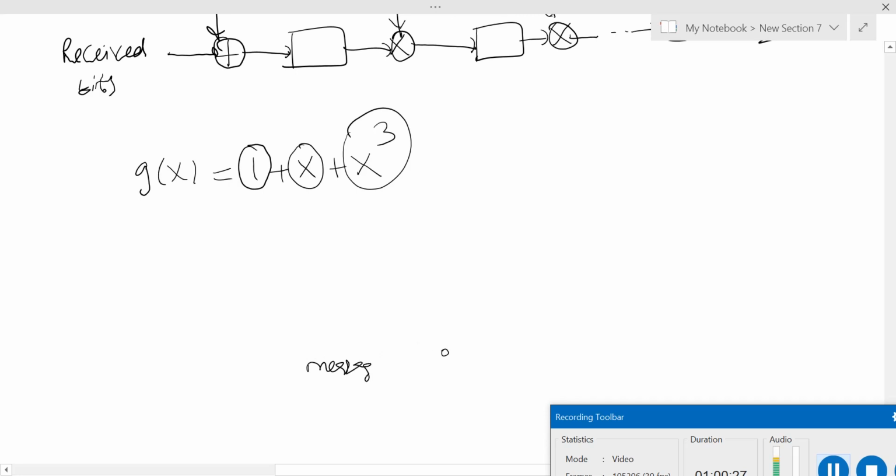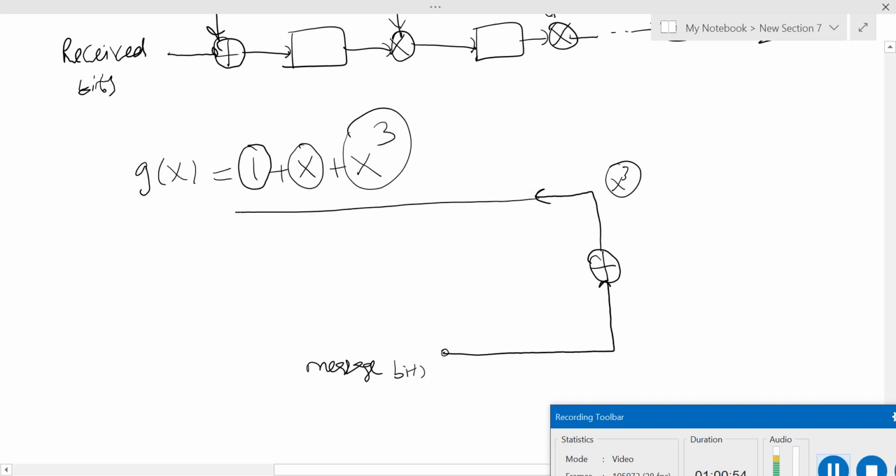This is the way to draw the encoder. Start with this point and put an XOR gate here. The first term corresponds to the highest degree term, the x cube term, it is 1, so a link will be there.